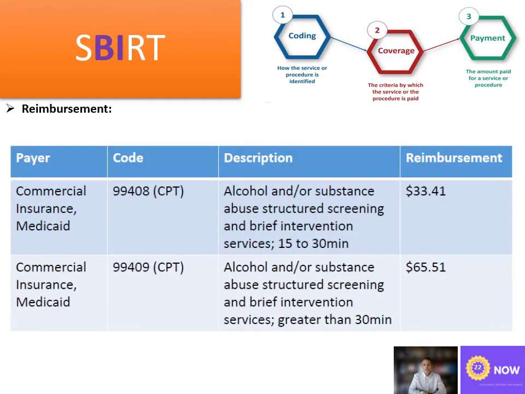So when it comes to those brief interventions, there are some reimbursement models that exist through commercial insurance, Medicaid, and Medicare. Here are some current procedural terminology codes or CPT codes for alcohol and substance abuse structured screenings and brief interventions for 15 to 30 minutes. You can see those numbers there. It's minimal, but here's the deal.